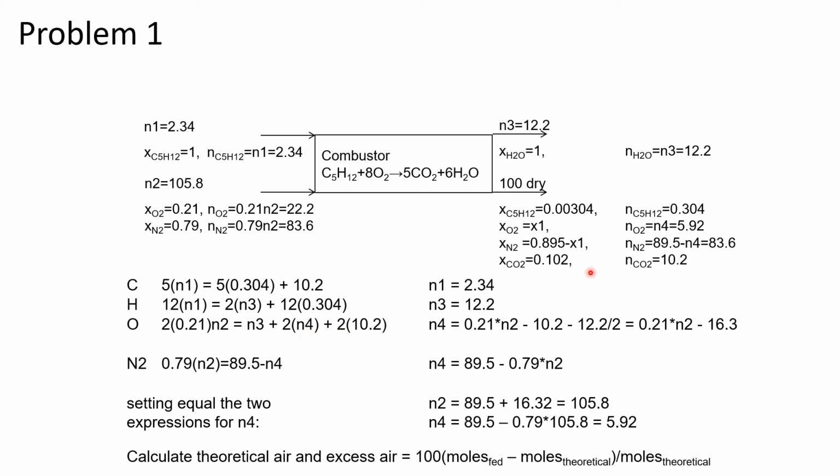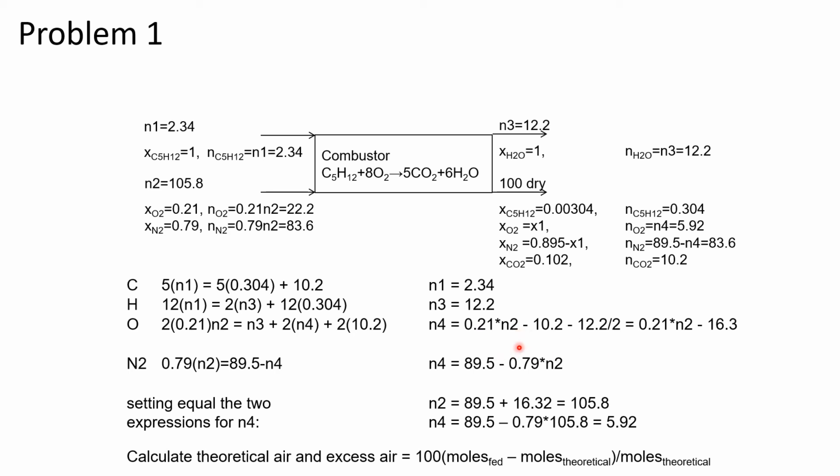And then we're going to add to it the oxygen flow associated with CO2, because we don't have to worry about the nitrogen. We just move on to the CO2. We know there's 2 oxygen atoms per molecule of CO2, so we're going to take 2 times the CO2 flow rate. So we have 2 times 10.2. Look at this equation here. We know N3, and we have calculated that; we don't know N4, which is what we're going to solve for. Unfortunately, we don't know N2. So all we can do is simply plug in for N2 over here.